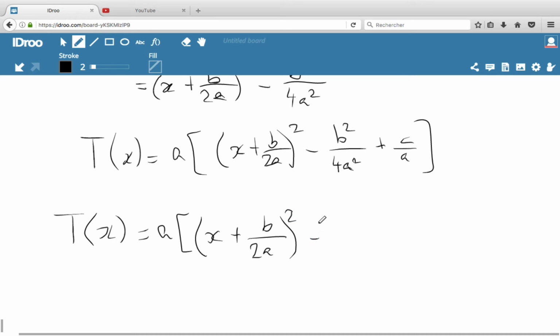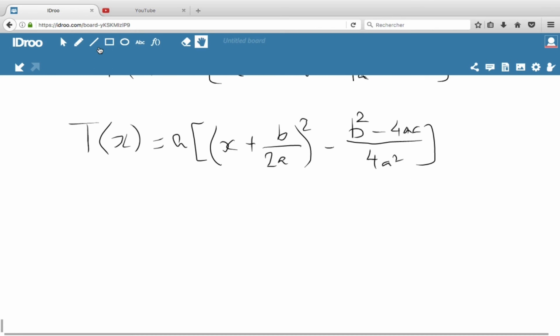And we've got minus b squared. Common denominator is 4 times a squared. So here we've got a, we've got to multiply by 4a. So that's 4 times a times c. And here we go. So let's put this kind of number, delta equals b squared minus 4 times a times c.